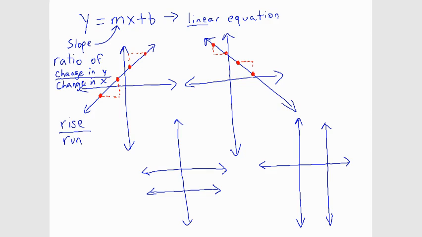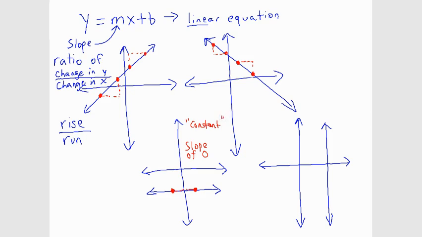Notice in a horizontal line, if I were to pick 2 points out on them, we're not going up or down at all, and we're just going to the left or to the right. So this would have a slope of 0.